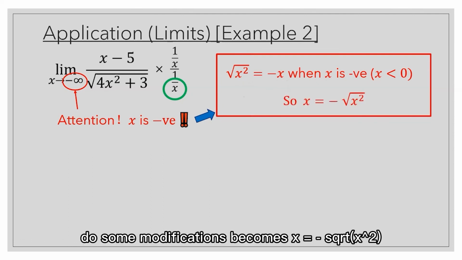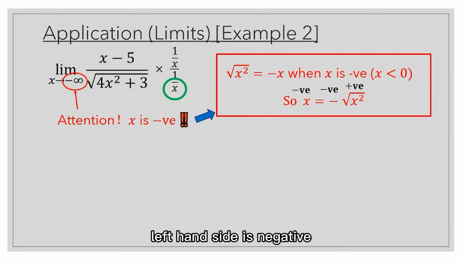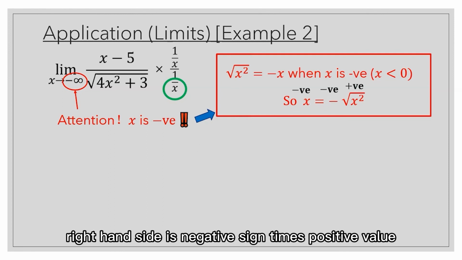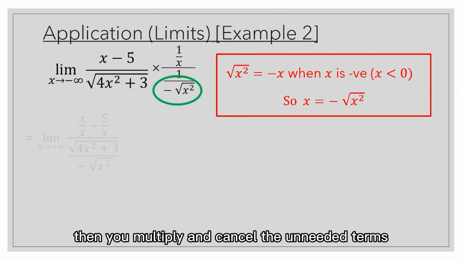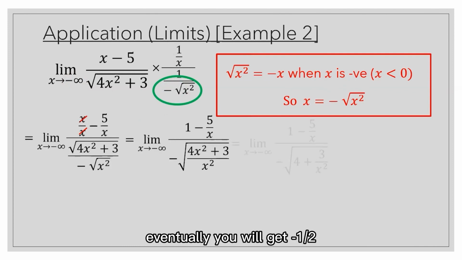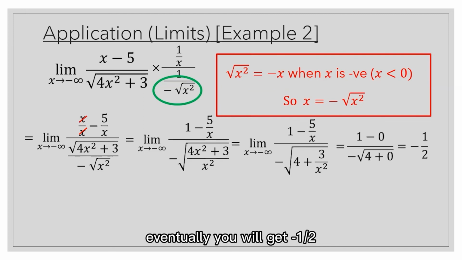Do some modifications, and it becomes x equals negative square root of x squared. The left hand side is negative, and the right hand side is a negative sign times a positive value. Okay, then we substitute this into the green circle. Then you multiply, cancel the unneeded terms. Eventually you will get negative 1 over 2.